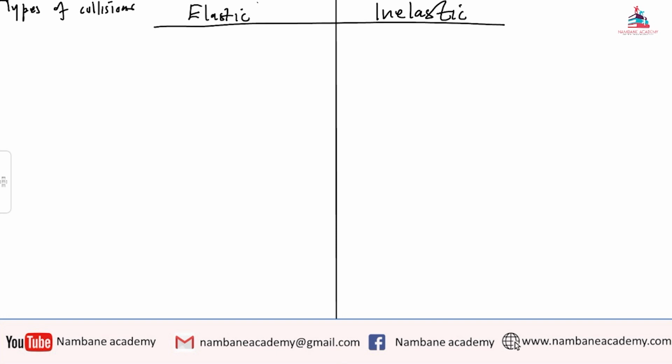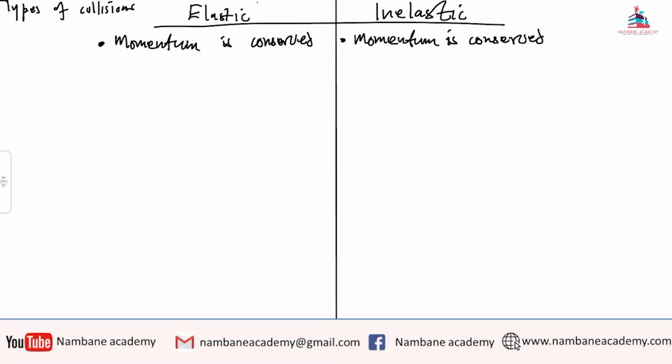Now, key critical thing, momentum is conserved. So I cannot be using momentum to prove whether the collision is elastic or inelastic. I need some extended information for me to do that.